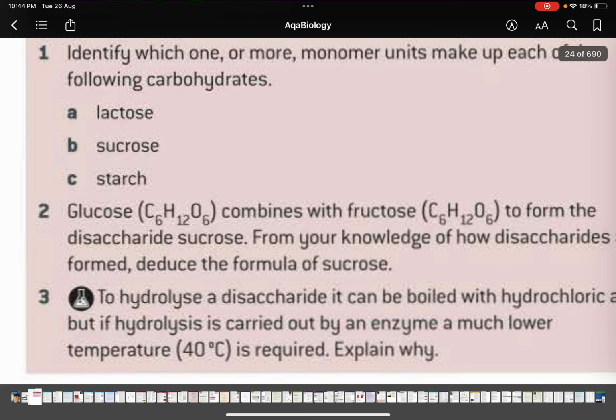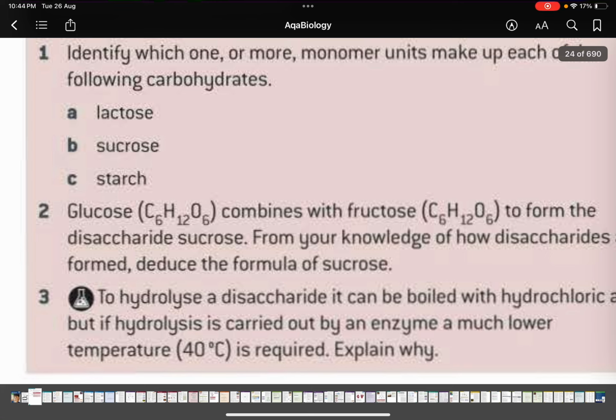But essentially, your first thought might be, let me just add them together, right? So C12H24O12. That's probably what you think at first, but that isn't exactly the case. We know that in order for the glucose and the fructose to bind, because they're both monosaccharides, a glycosidic bond must be formed and a condensation reaction must take place. So a water molecule is actually lost. So you're going to subtract, we know a water molecule's formula is H2O, 2 hydrogens and 1 oxygen.